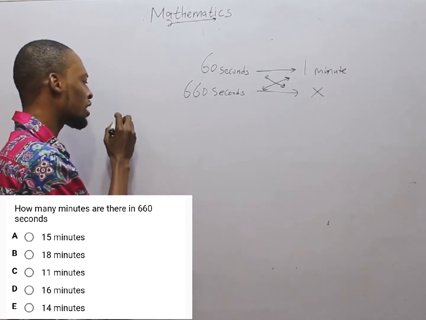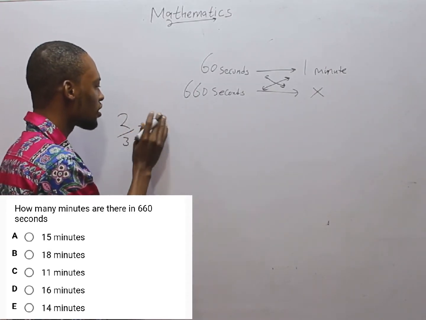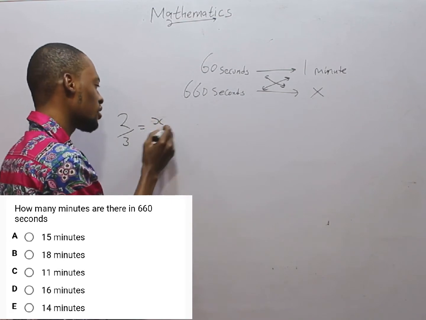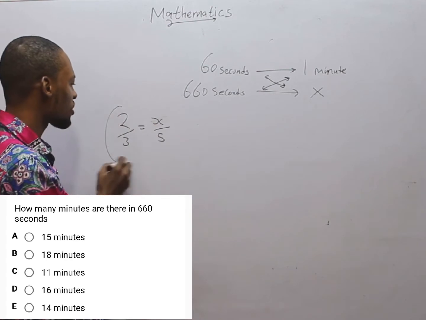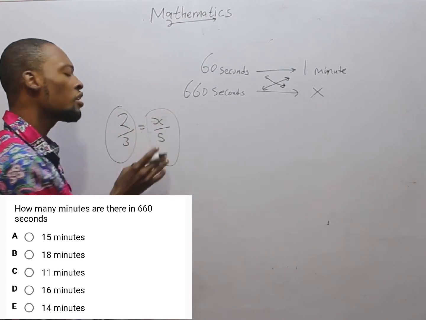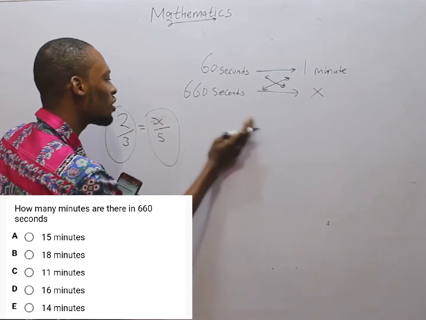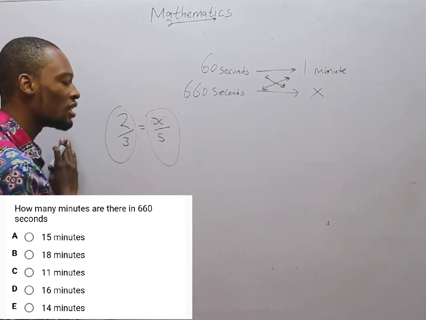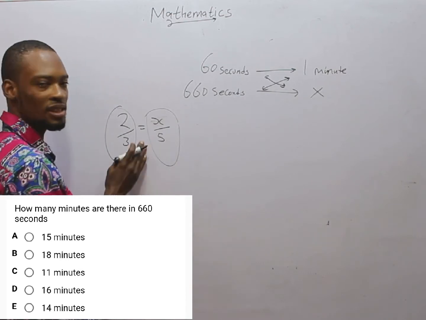And when you are given two fractions, 2 over 3 is equals, let's say, S over 5. This is a fraction, this is another fraction. If equal to sign is separating two fractions without any other numbers here or here, what you simply do is cross multiply. How do you cross multiply in this place?